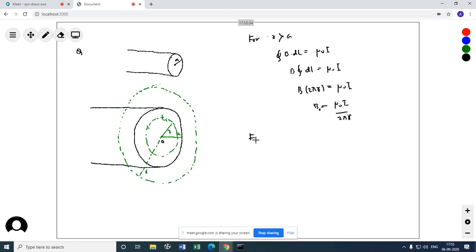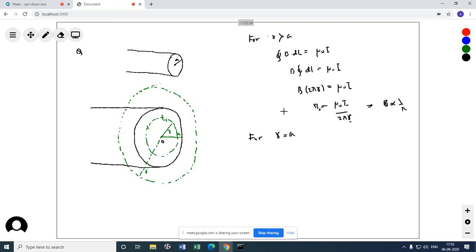Yes, sir. Now for R equals A, same thing. You can notice here that B is inversely proportional to R, the radius. Everything else is constant.